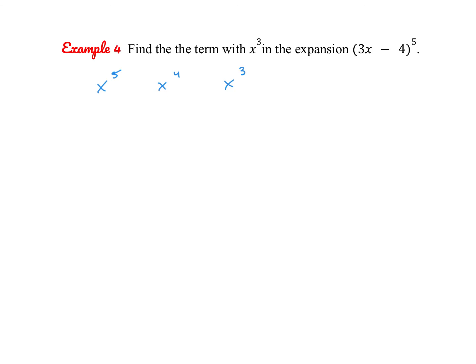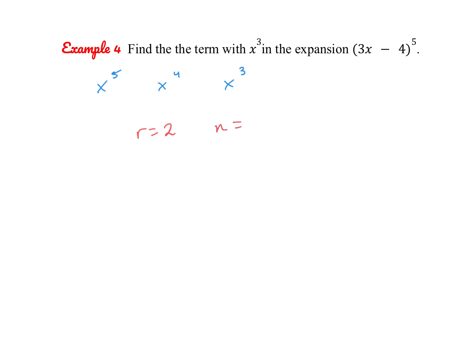So it's the third term when we list it out, but that means that our r value is actually 2, because when we're doing this, we assume this is when r is 0, then r is 1, then r is 2.